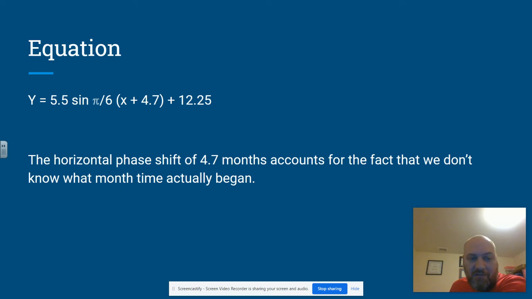At some point in history, somebody stated this is the beginning of time. So we're not going on an actual 0 to 12 scale necessarily. So I had to take into account that phase shift to get the most accurate graph that would represent my data.